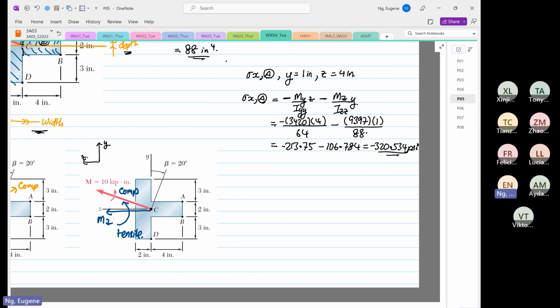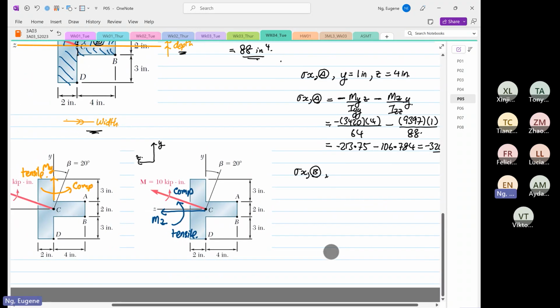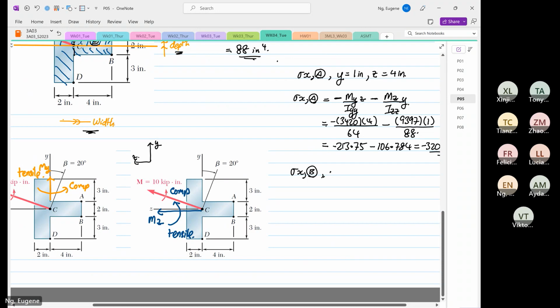Yep. Okay. So now we are going to look at stress X at point B. So at point B, Y is equal to 1 inch. Z is also equal to 4 inch. So it's the same, but watch what happened.